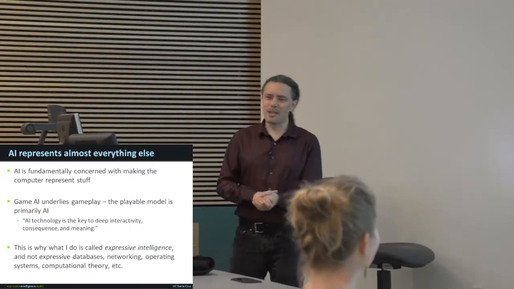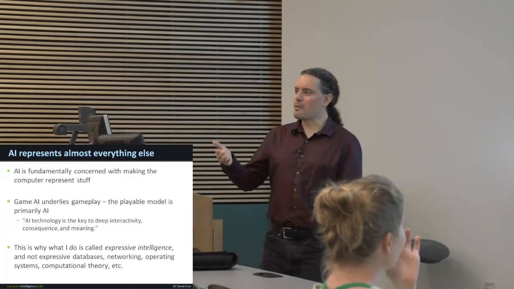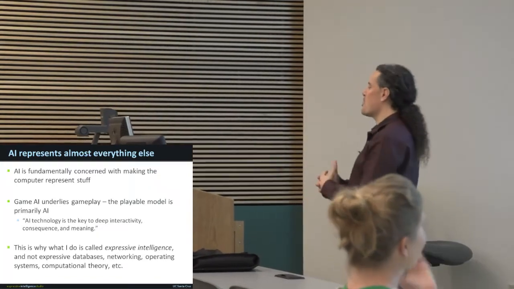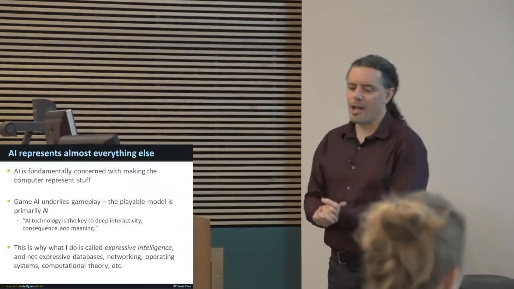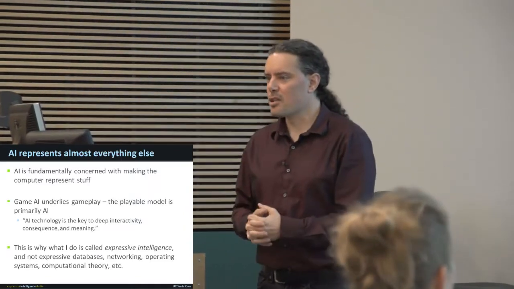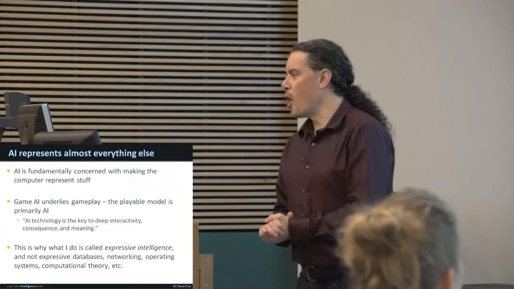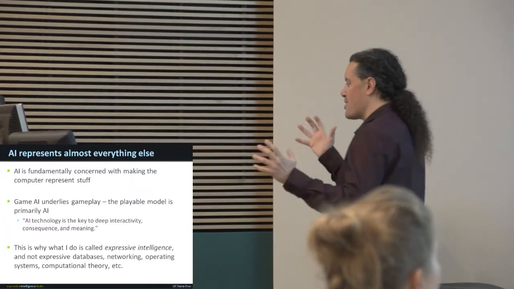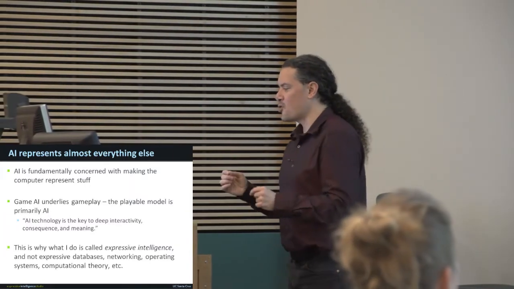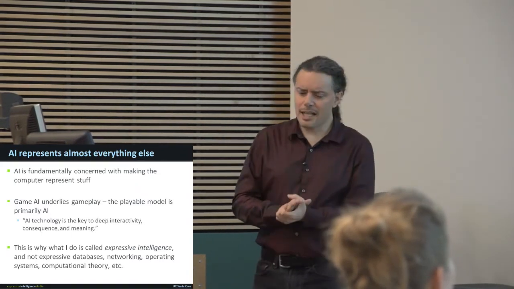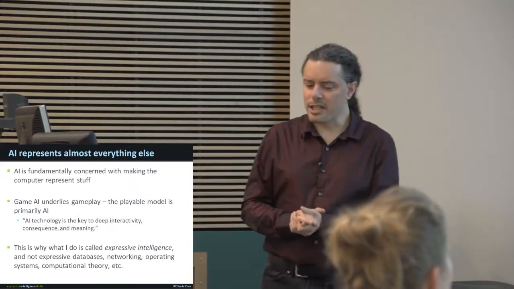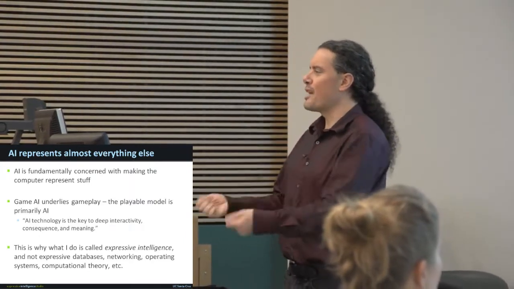Everything that is emotions, decision making, the player's trajectory over time, common sense reasoning, the properties of objects, all of this other stuff that's not 3D space representation gets put in the AI bucket. So really, AI as a discipline is fundamentally concerned with making the computer represent things.